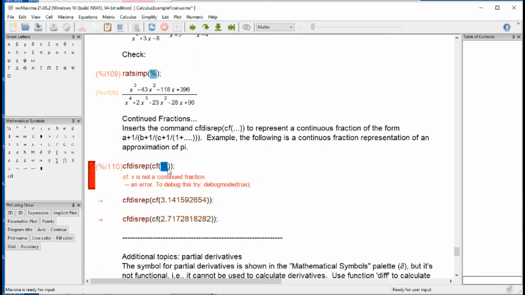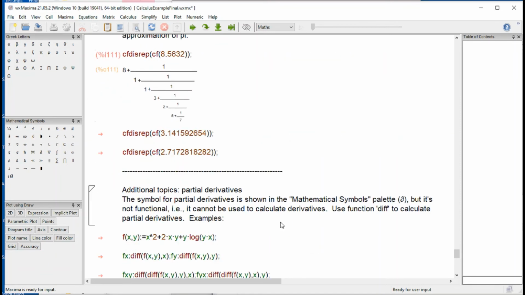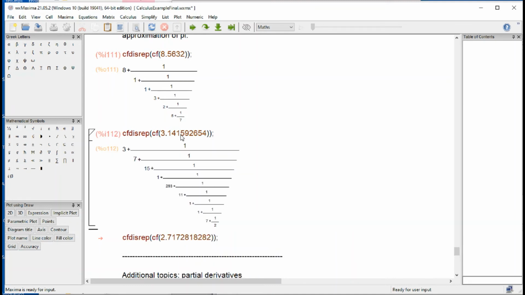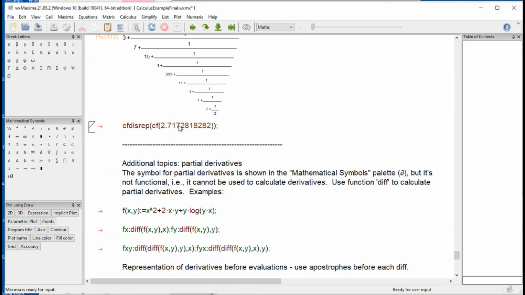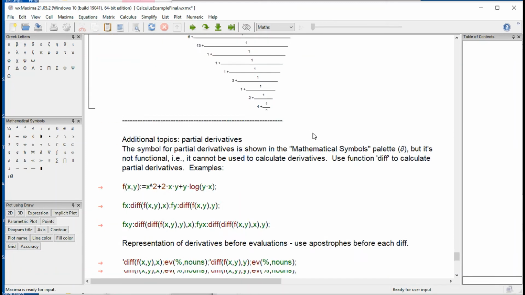So let me just enter a number here, 8.5662. It says you can approximate that number by these continued fractions. I haven't found any practical applications for them, but this is an approximation for pi, an approximation for e.